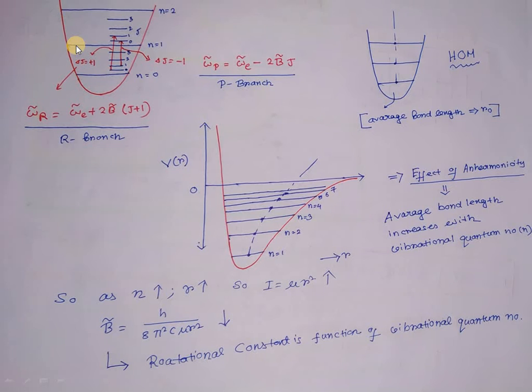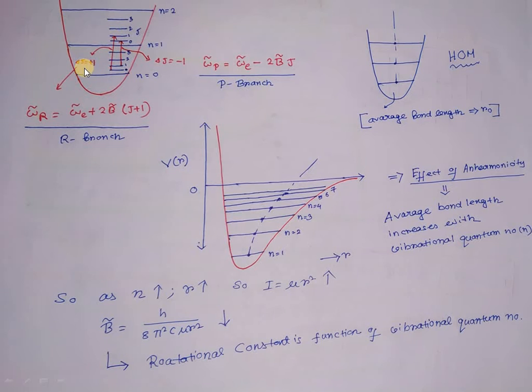Now you can see that this is the perfect harmonic oscillator model. These are the vibrational energy states for n equal to 0, n equal to 1, n equal to 2, and in between these vibrational energy states the rotational energy levels are situated, for J equal to 0, 1, 2, 3, and similarly for this level J equal to 0, 1, 2, 3. Now you can see that the selection rule is delta n always plus 1. For delta J equal to plus 1, the transition occurs between the energy levels, suppose 0 to 1.